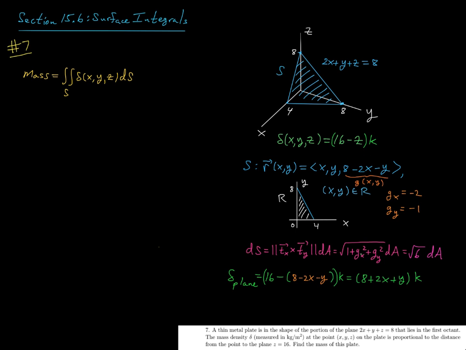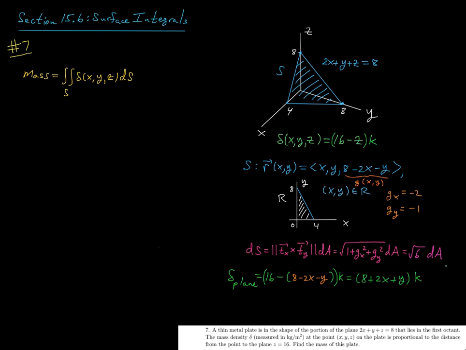So take the x derivative of g and square it, and the y derivative of g and square it, add that to 1, take the square root, and tack on dA. That gives us the differential surface area element. Now g_x is negative 2, and g_y is negative 1, so this simplifies to simply square root of 6 dA.